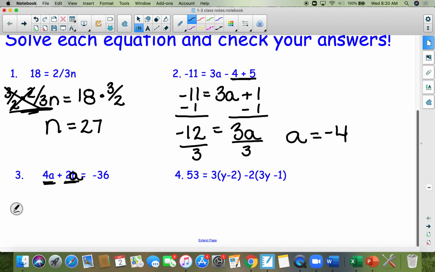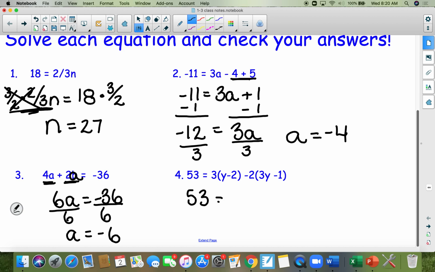I see a little error right there, it wasn't supposed to be a b, it was supposed to be an a. 4a plus 2a is 6a equals a negative 36. Divide both sides by 6. a equals a negative 6. Final answer. The next one, I'll leave the 53.